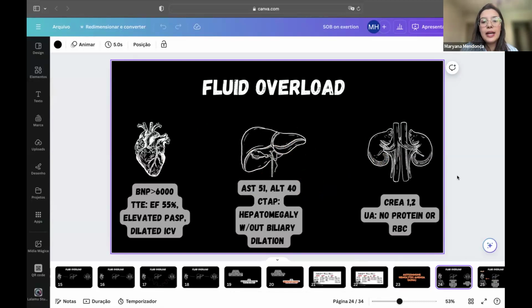We also had mildly elevated liver enzymes with CTAP showing hepatomegaly without biliary dilation. And kidney exams were pretty much normal. So at this point, we rule out a kidney issue here. We still can't rule out a liver disease, but the abnormalities that we can see here are not too important.